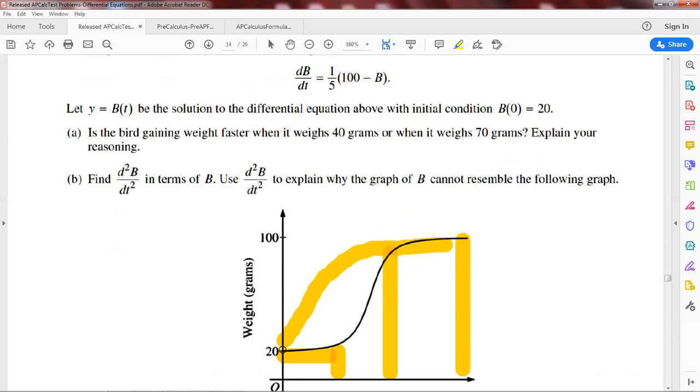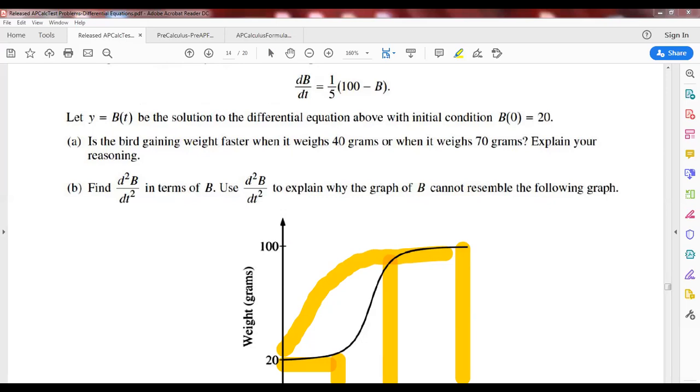So in the beginning it is high and then decreases, correct? Now, how do you know this one here? It's the same, right? It says that the rate of change is very high when the weight is 20.